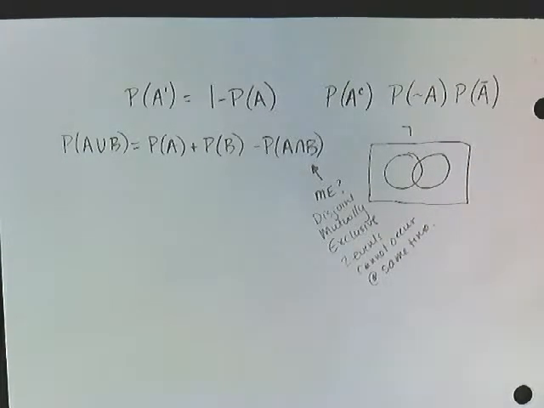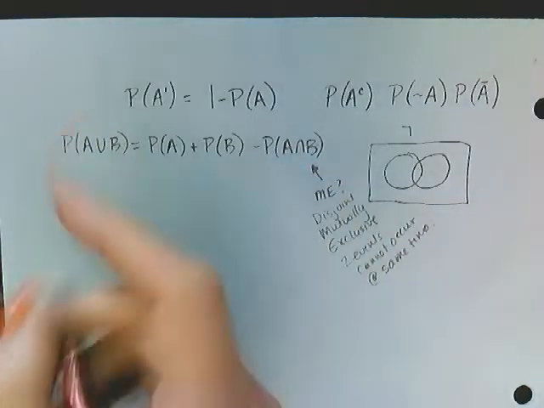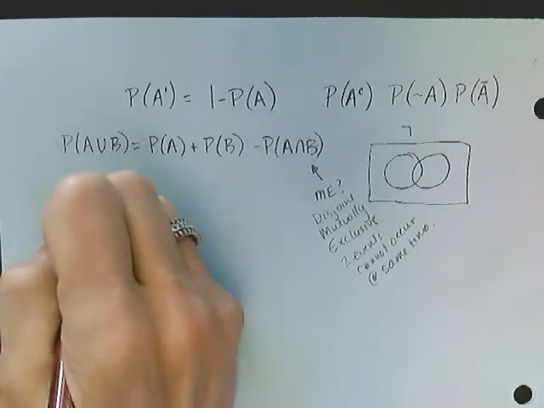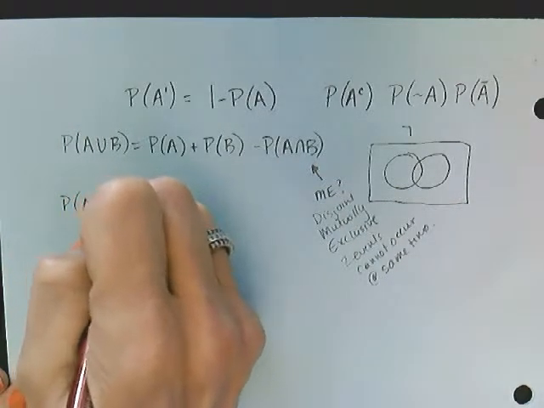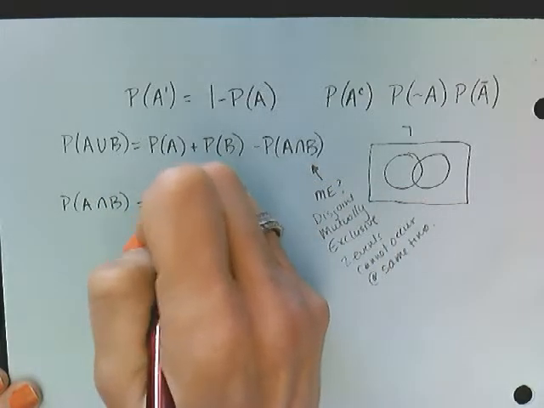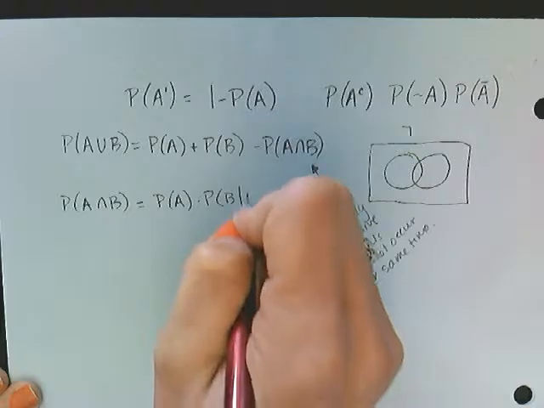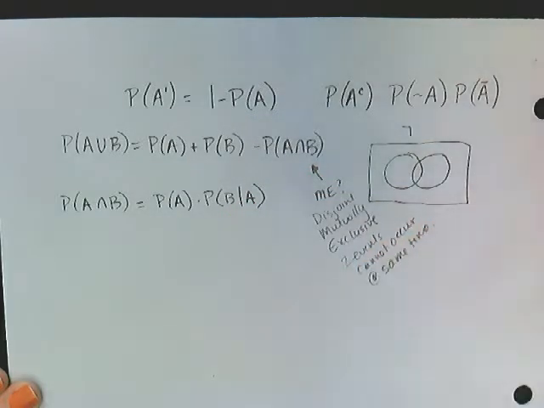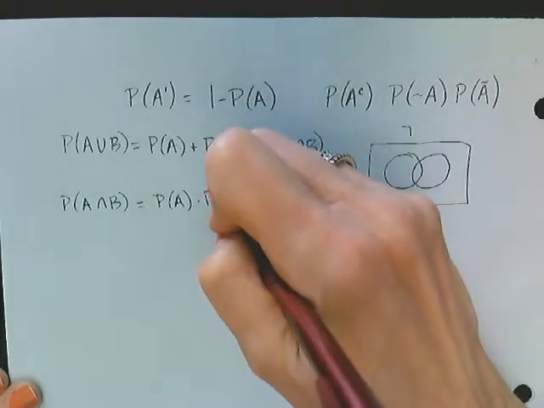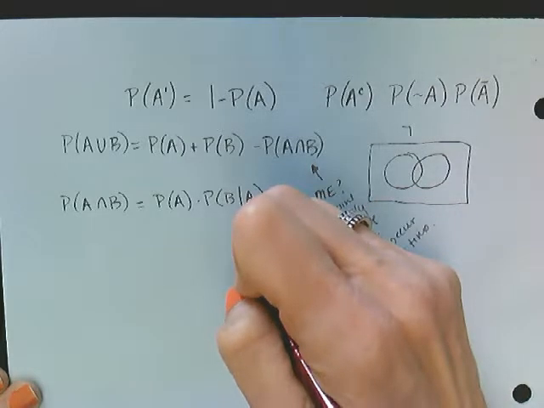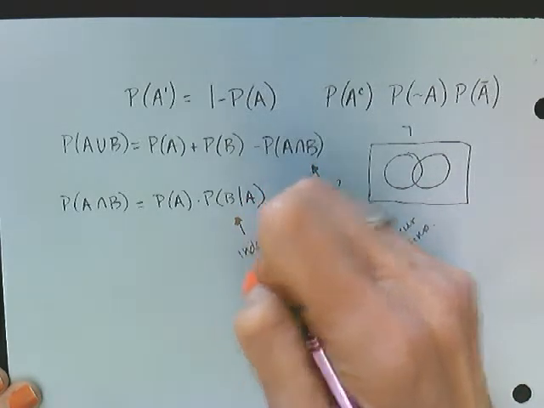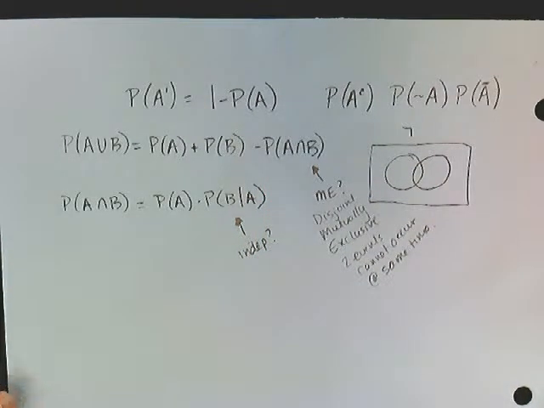Let's look at our second formula, or third, I guess, that I really want to investigate: probability of A and B. And that equals the probability of A times the probability of B given that A happened. So this piece of that formula says, oh, I've got to check independent, question mark.